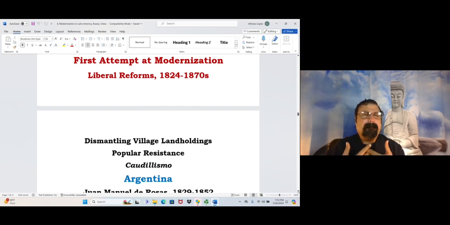No president was in office for very long. Sometimes presidents lasted a year, sometimes a couple of years before that president was ousted from power by the other party. This is the fighting between liberals and conservatives. They're pretty much overthrowing each other at every turn because they're trying to seize the reins of the state in order to push the project of modernization forward according to their own ideology.